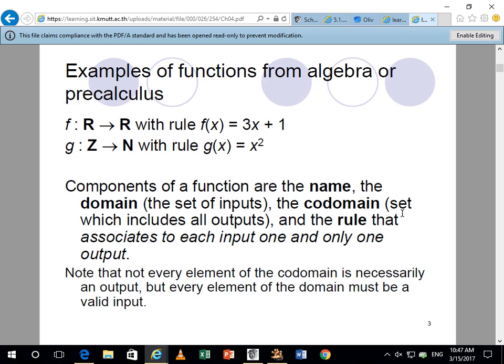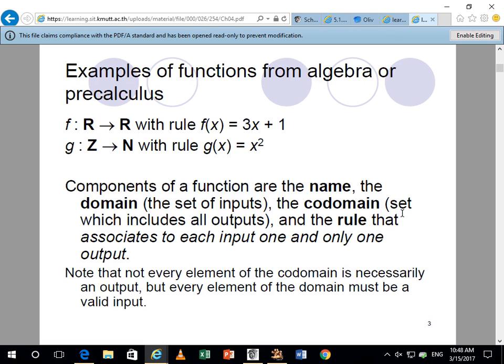So let's look at something very simple. Two examples defining functions. Could be algebraic, or in this case, pre-calculus. That means you don't need to know calculus because it's just functions and relations. They're separate. Functions and relations, calculus, there's some similarity, but usually you start with functions and relations first.